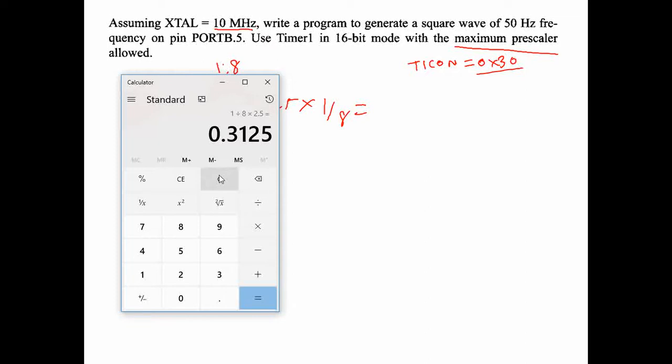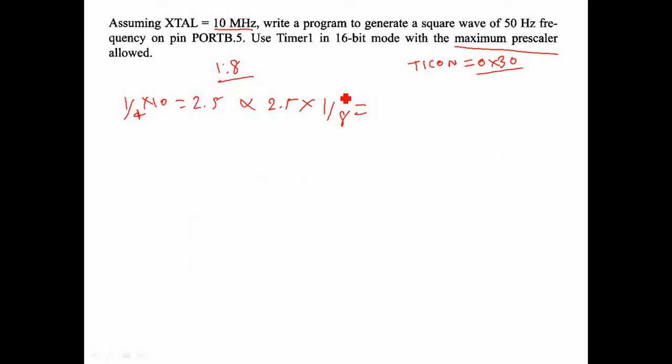If you take the inverse of this, you get 3.2 microseconds. So the time taken to execute each instruction with the maximum prescaler allowed and a 10 megahertz crystal frequency is 3.2 microseconds.